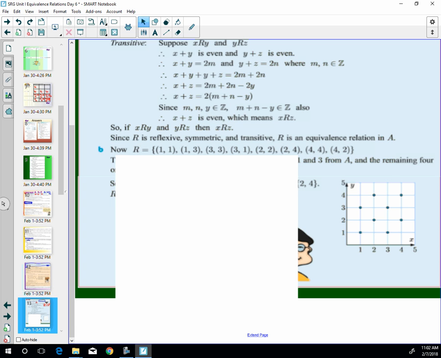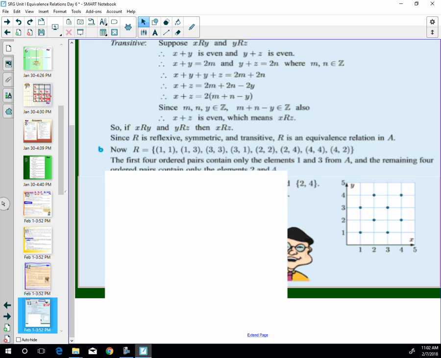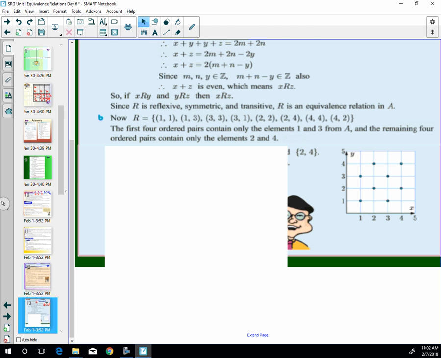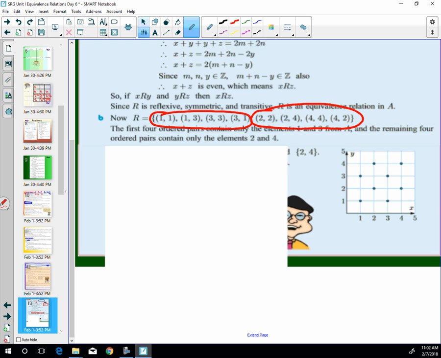Okay, so once you have these, notice that we have 2 classes here. We have this set of 4 has what in it? And just what are the elements? 1 and 3. And these have what elements in it? 2 and 4.